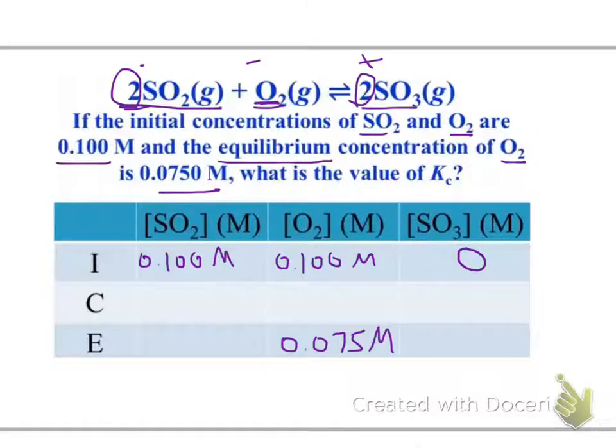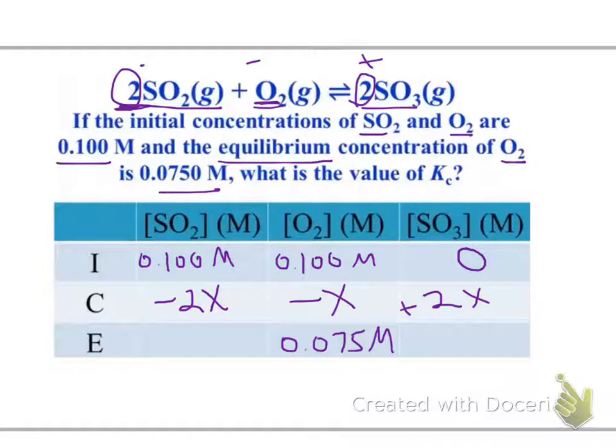So the way I put that in my table is I'm going to lose some amount known as X of O2. I'm going to also lose some amount of SO2, but it's going to be twice as much based on the coefficient in the balanced equation, so minus 2x. And I'm going to gain some amount of SO3 that is plus 2x, right? Because in the balanced equation, its coefficient is 2.